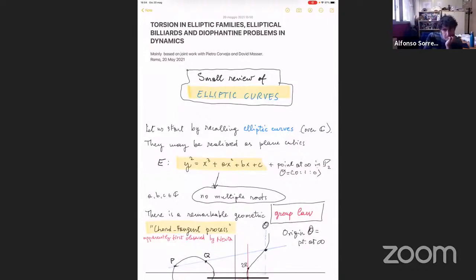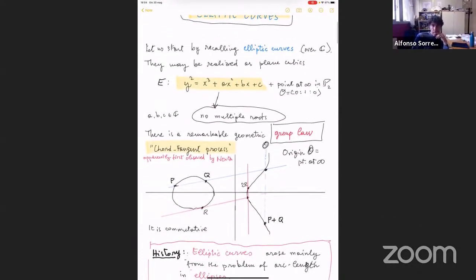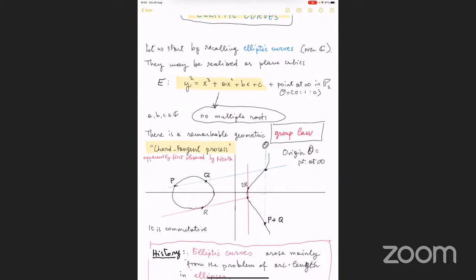So I will start with a very small review of elliptic curves, just to remind anybody in the audience. I will only consider elliptic curves over the complex numbers. Each of them can be realized as a plane cubic that you may see written.